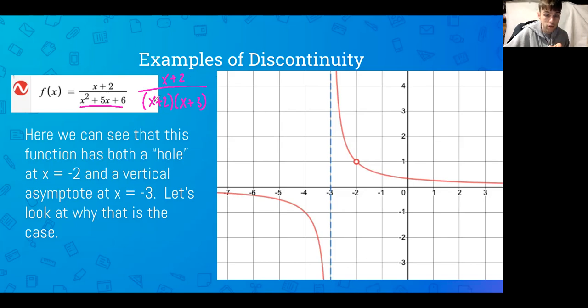If we plug a -2 in there, we're going to get 0. So this factor is causing us to get 0 in the denominator. It can be canceled out. We have an x plus 2 on the top and the bottom. Those can go away. Whereas this factor and -3, the other one that makes a 0, can't be canceled out. Therefore, we'll remain with this vertical asymptote.